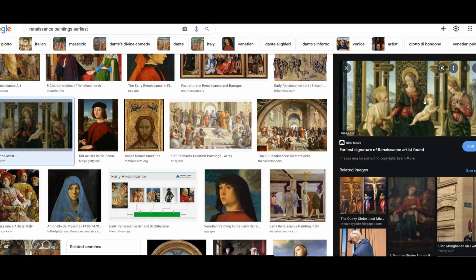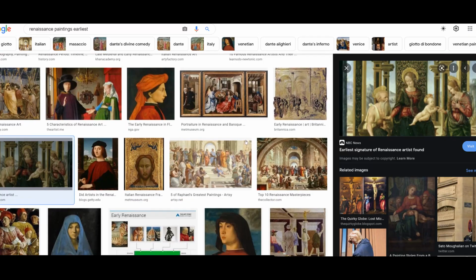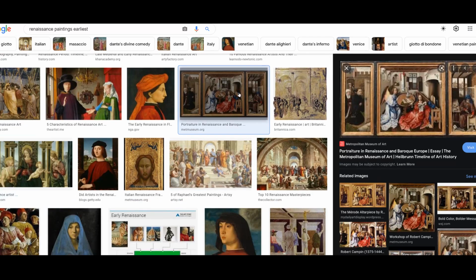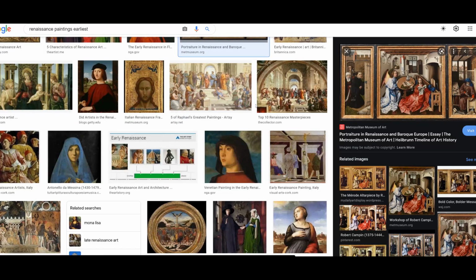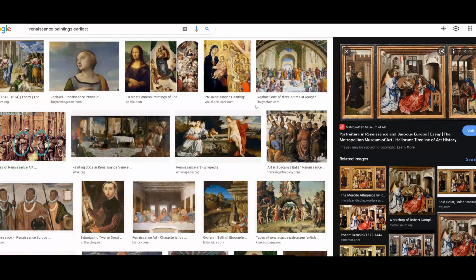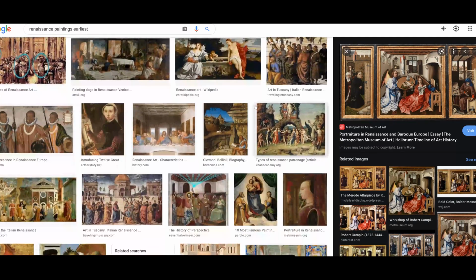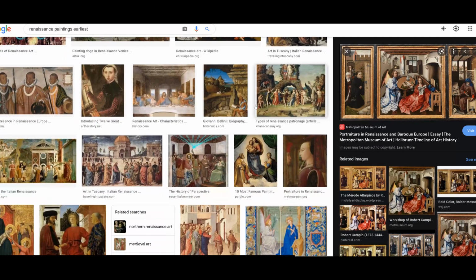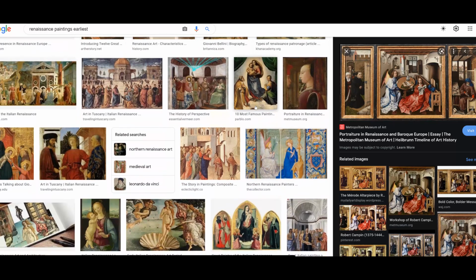Well, the reason is because of creating a new false history in which the leading figures of the new Jesuit church, right? All these artists, they come from Florence. And so they created this new false history by creating these fake artists, basically, in which the leading figures of the new Jesuit church became the leaders and the founders of this entire Enlightenment period, giving them power to rule for ages to come.